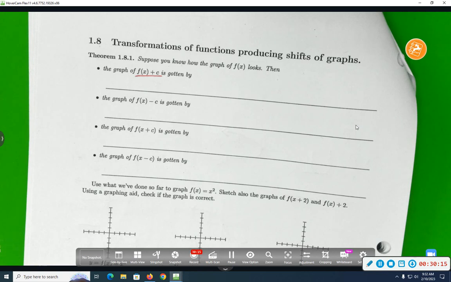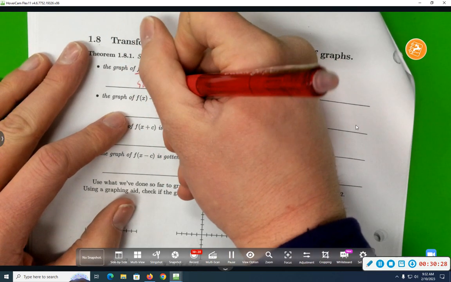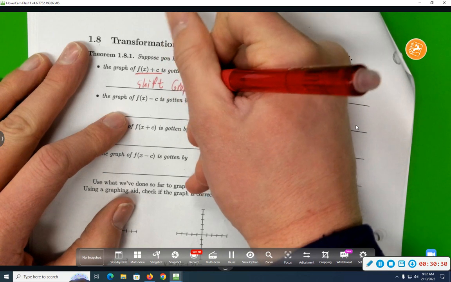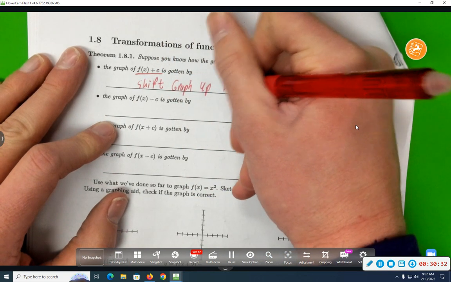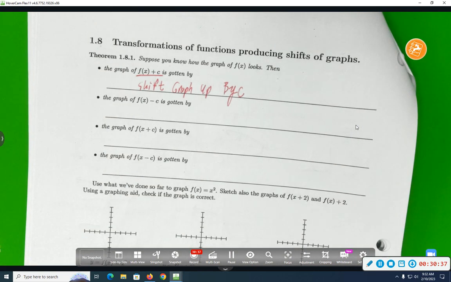Outputs are like the y values. What does it mean when you add a number to the y value? Yeah. The graph will move up by whatever that number c is. Shifting the graph up by c. And I guess if adding goes up, then subtracting should go down.